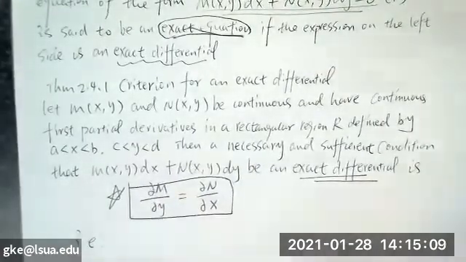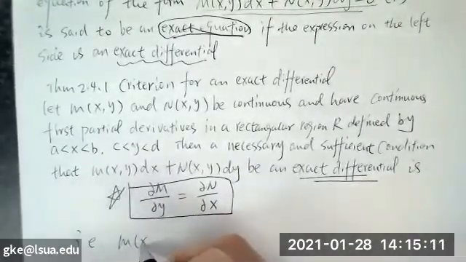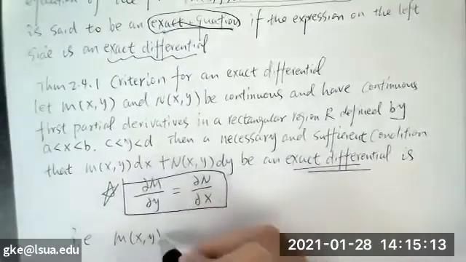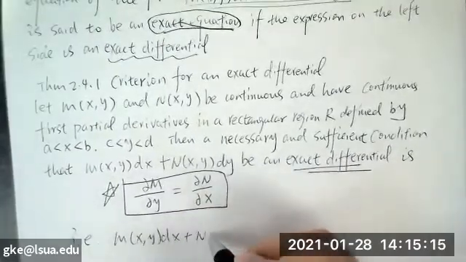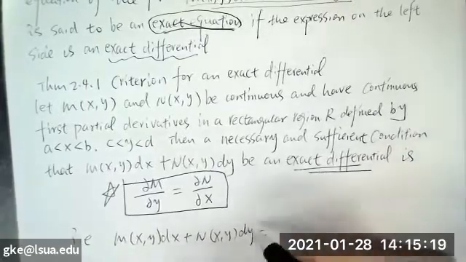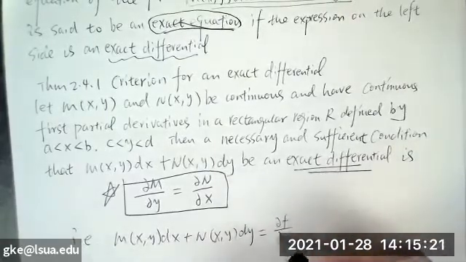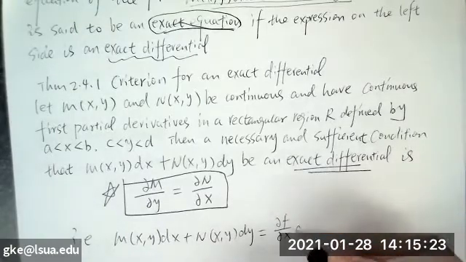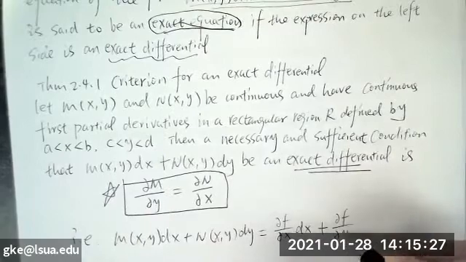Or you can write it this way. If it's an exact equation, we can write it like that, partial f over partial x dx and partial f over partial y dy.